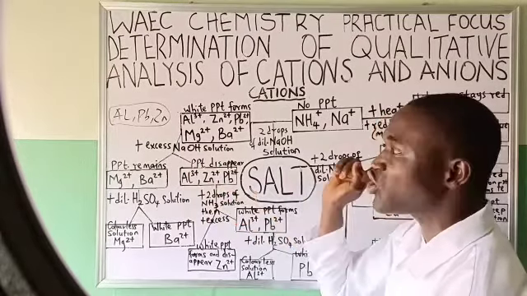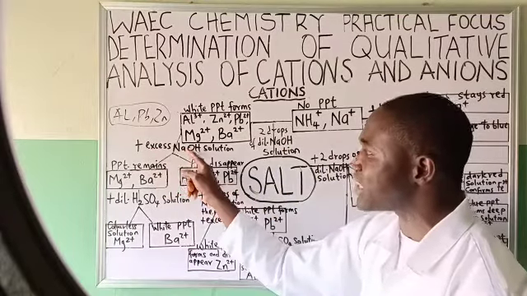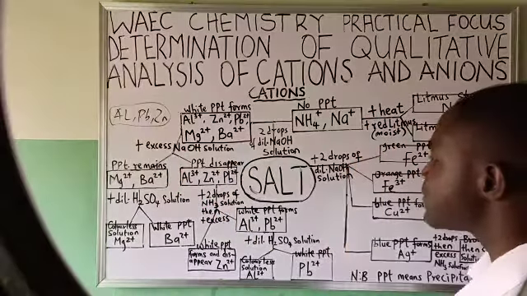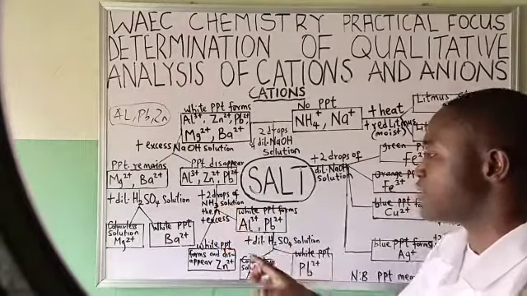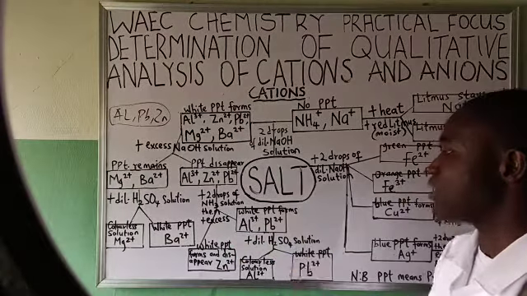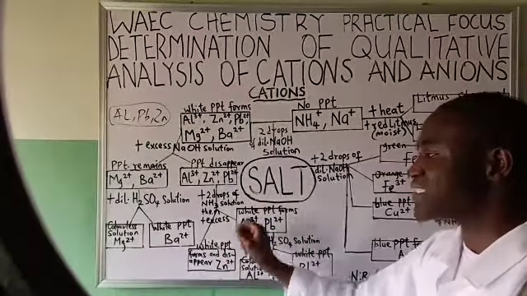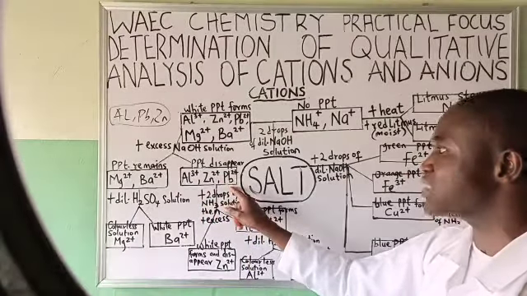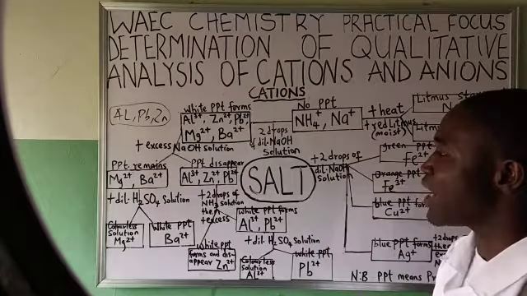Aluminium, zinc, and lead are not soluble in drops, but are very soluble in excess addition of sodium hydroxide solution. That is it. Then we also realize that zinc is soluble in excess addition of ammonia. Aluminium, zinc, and lead are soluble in excess addition of sodium hydroxide.